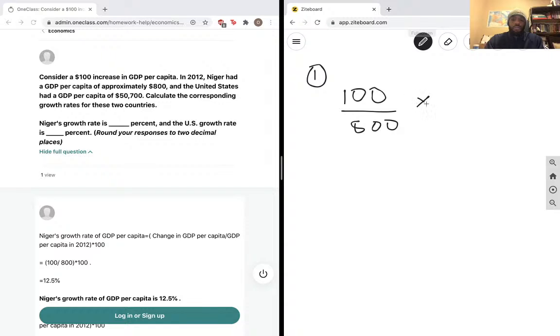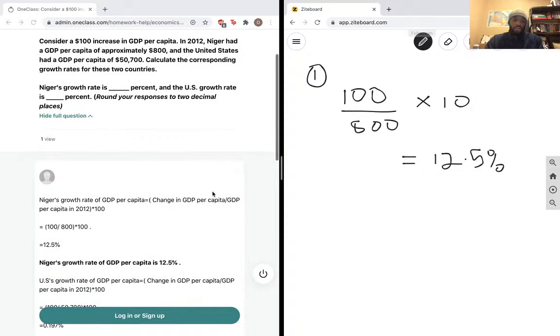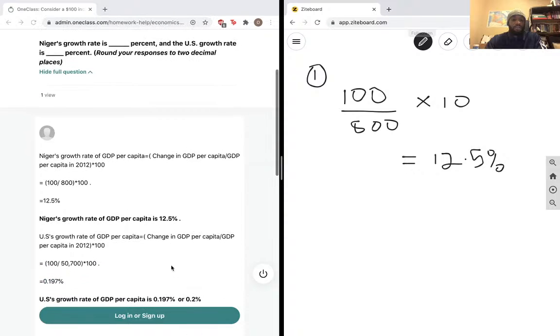And you multiply that by 100 to give you the percentage. And I'm going to trust the calculation is correct. And it's 12.5%. So Niger's growth rate of GDP per capita is 12.5%.